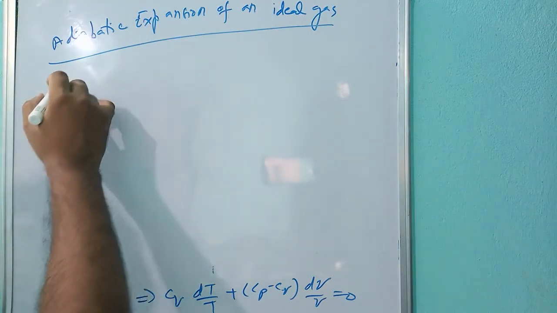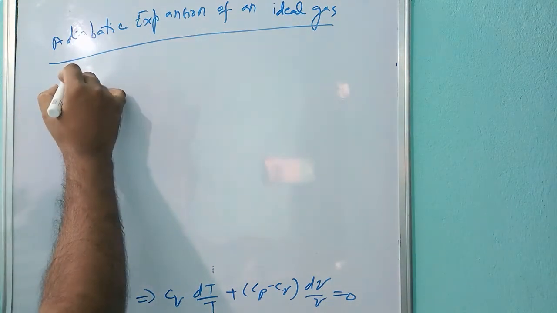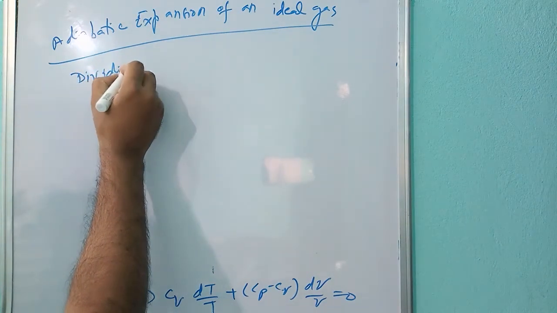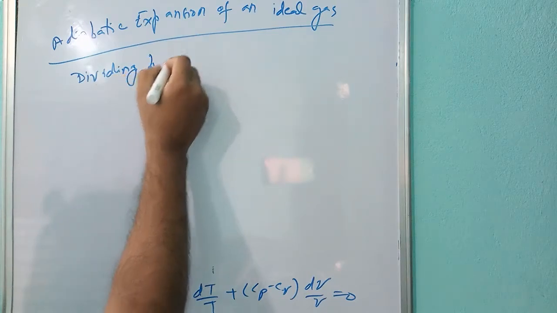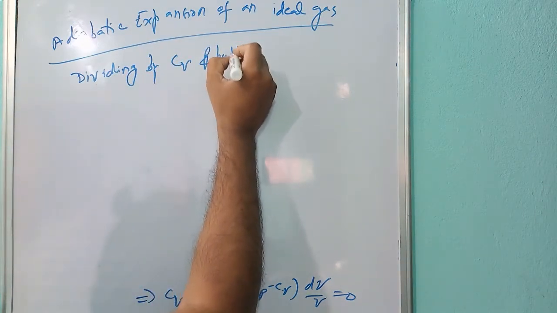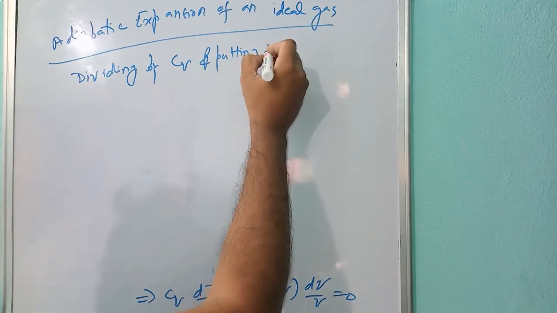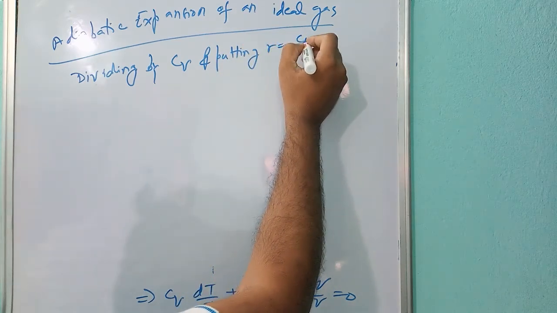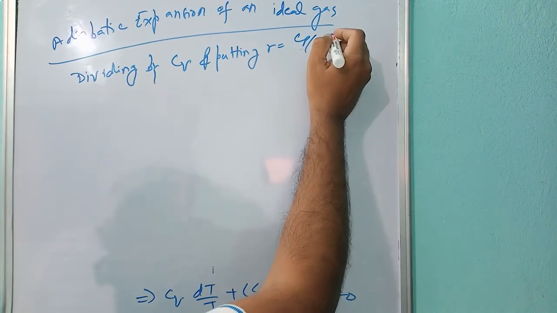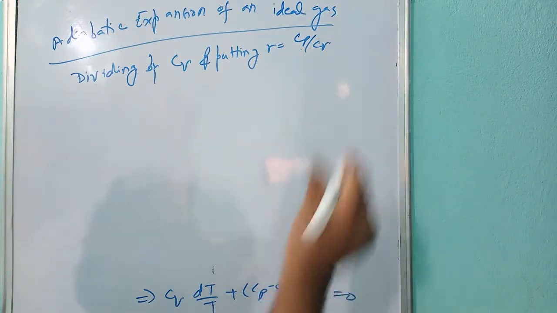So now we are going to divide by Cv and put gamma equal to Cp by Cv in this equation.